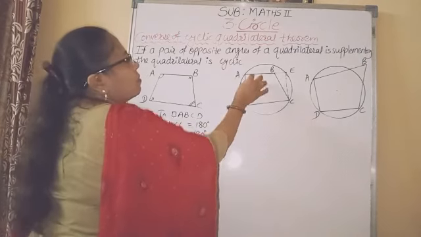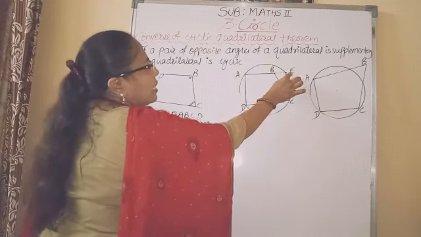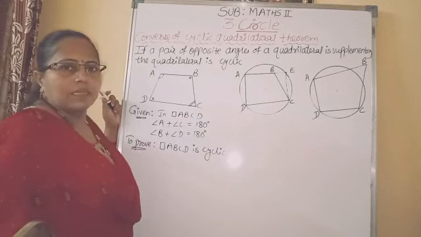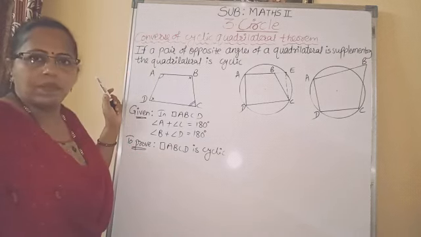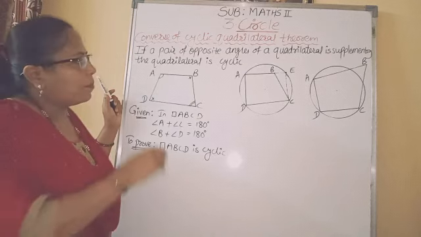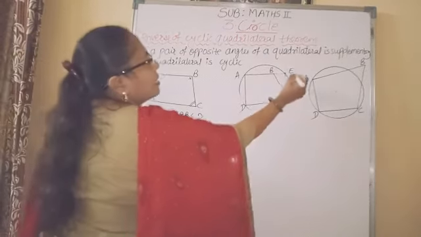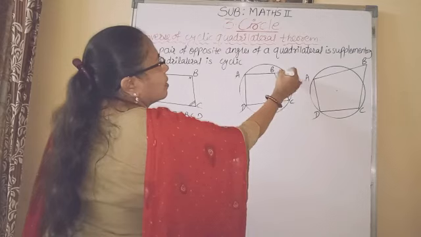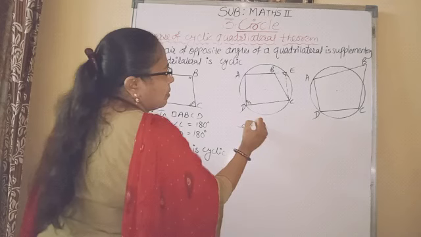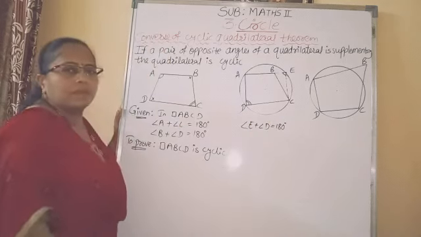Okay. Now quadrilateral AECD is cyclic quadrilateral. And according to this cyclic quadrilateral theorem, opposite angles are supplementary. Opposite angle is angle E plus angle D is supplementary. Angle E plus angle D is equal to 180 degree.